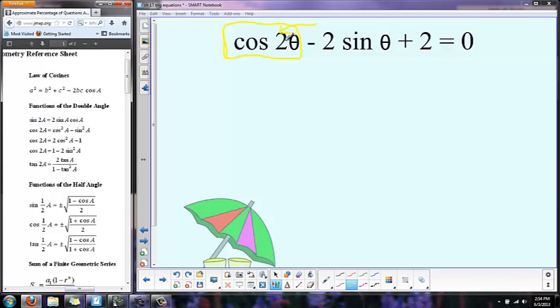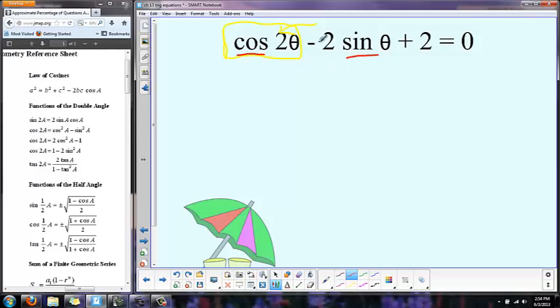Nice. So, I clearly have a problem right now. I have a cosine and I also have a sine. I need to only have one variable in order to do this problem. So, you remember how I told you that cosine of a double angle has 3 different equations? And it doesn't matter which one you pick, they're all going to work out the same way. Except for, in this case, we have a sine and a cosine.